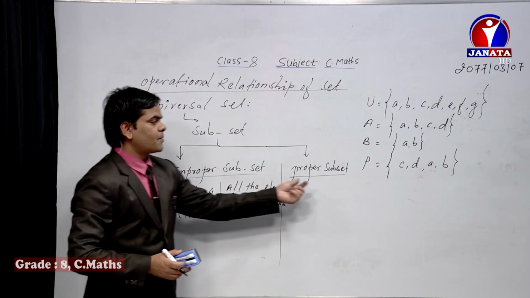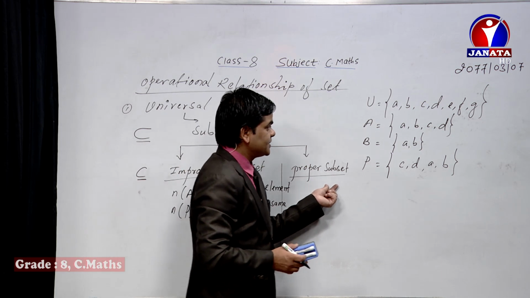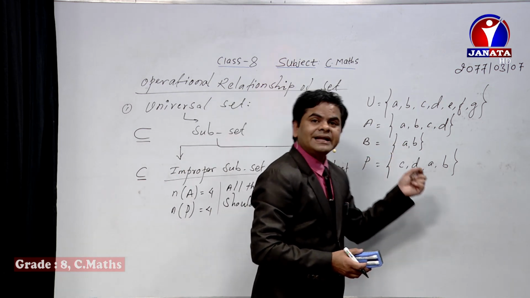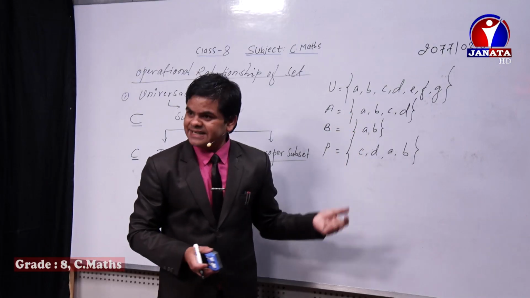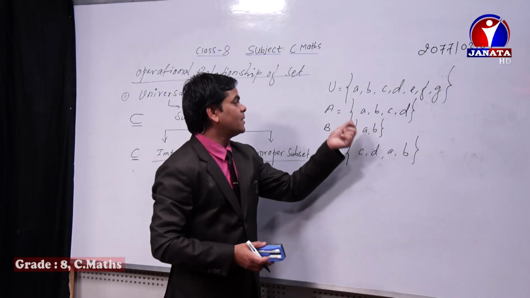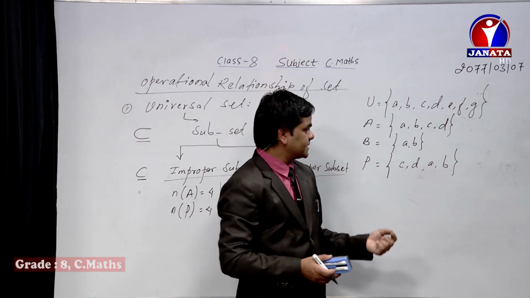Now let's go to proper subset. In the case of a proper subset, dear students, only a few elements should be taken from a set. If we take that type of subset, it is known as a proper subset.